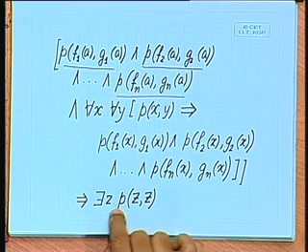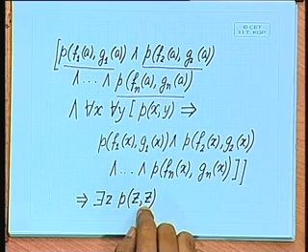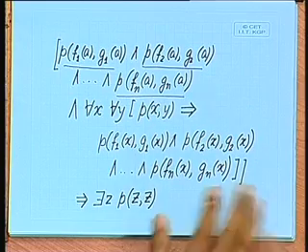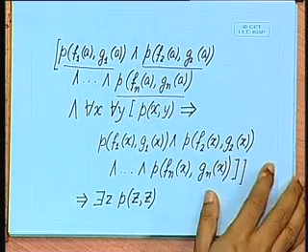So, if there exists a z, then eventually you will find it, but if there does not exist a z, you will keep on applying this repeatedly and you will not converge, you will not terminate, right. I am not going into the detailed proof in the class, but please study that.